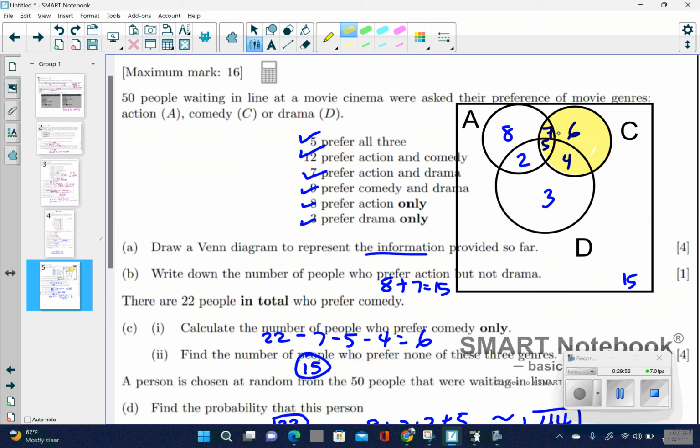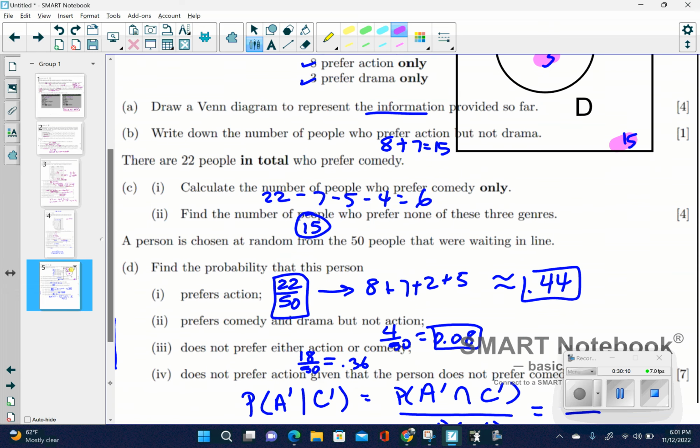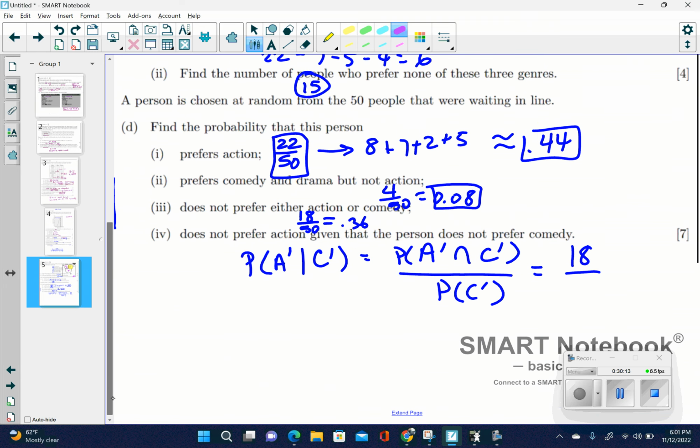If I take the 8 plus 2 plus 3 plus the 15 and add those numbers up, that gives me my denominator. So 10 plus 18 is 28 people. So 18 out of 28, and 28 is my denominator. As a decimal, that is about 0.643. Okay, 30 minutes for this answer key, not bad.